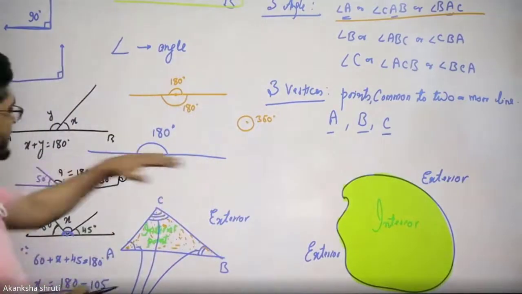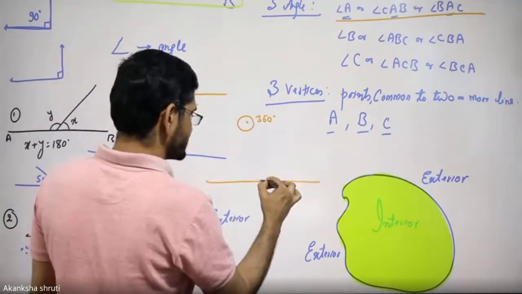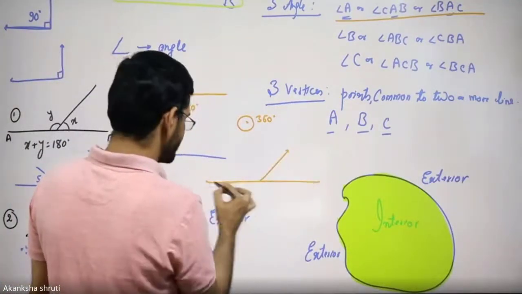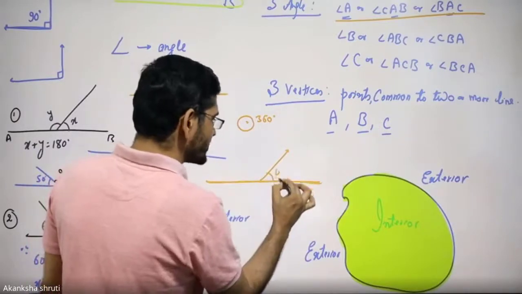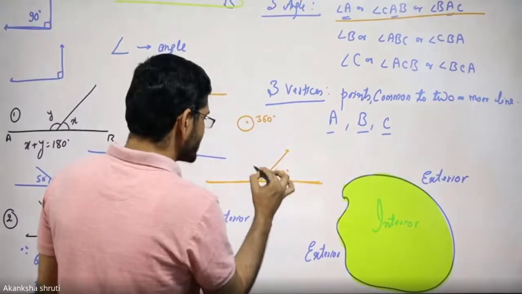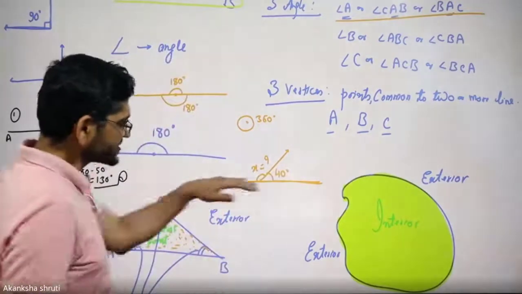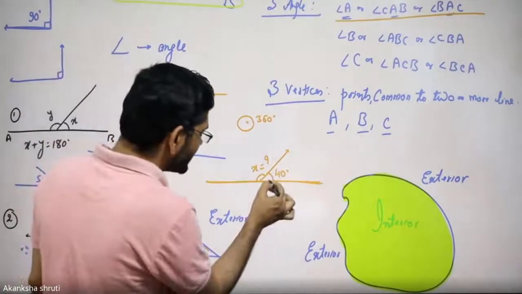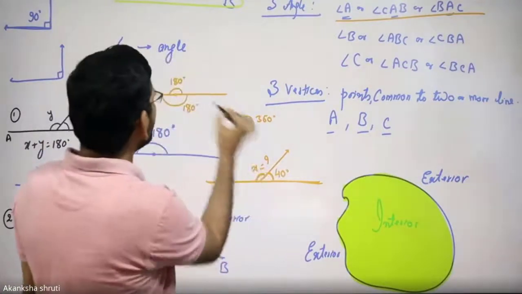Now, over this straight line, if I am drawing another line, say this is the other line, and I am considering this angle as 40 degrees, then x can be calculated very easily, because this straight line signifies that this 40 plus this x will become 180 degrees.